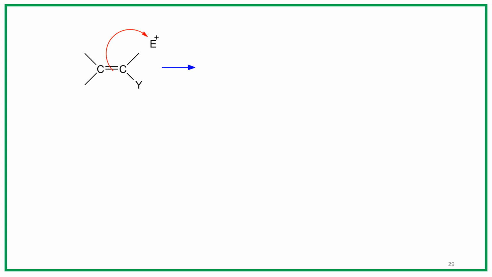These pi electrons can move to the electrophile, and this electrophile can attach to this carbon atom. Then the electrons in the bond between carbon and Y move between the two carbon atoms to form a double bond, and Y can leave as Y plus.